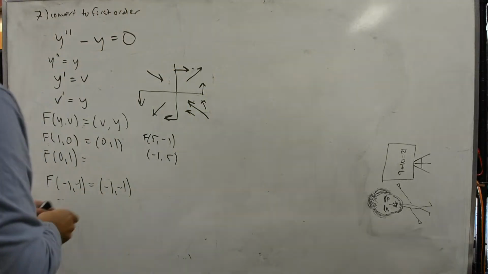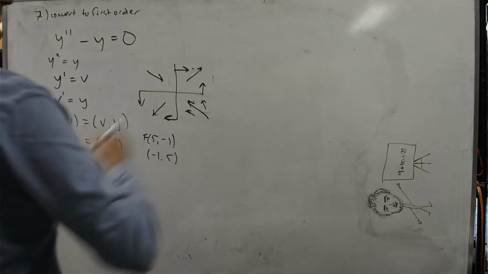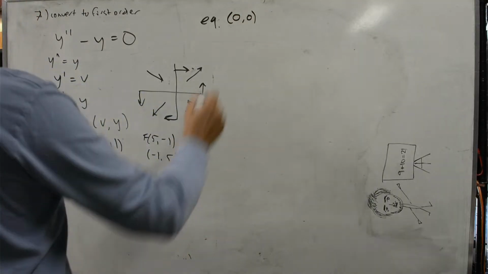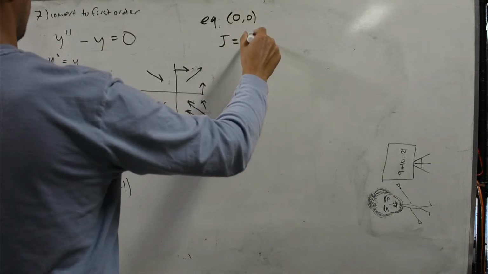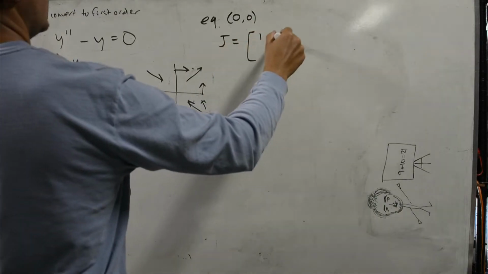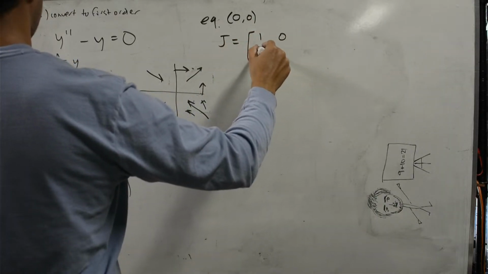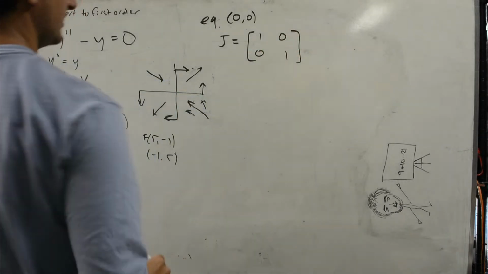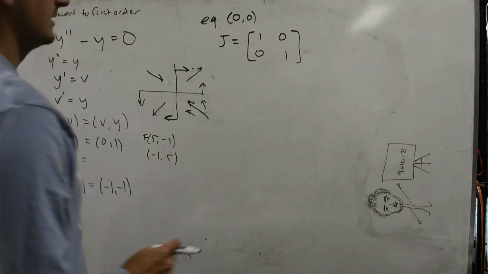All right, so our fixed point is (0, 0). So equilibrium is (0, 0). Then what we want is J equal to 1, 0... So the Jacobian is the identity, which is cool.